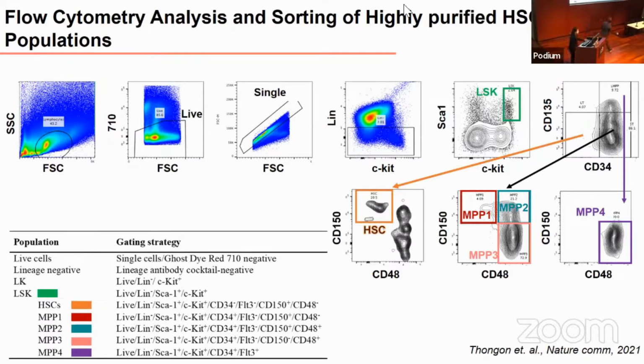In this table, we show all the markers and gating strategy that we use for flow cytometry to define the different stem cell populations.